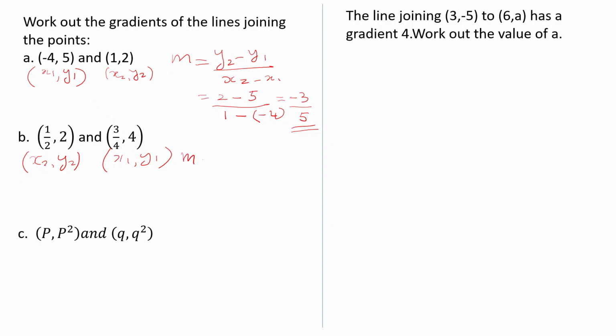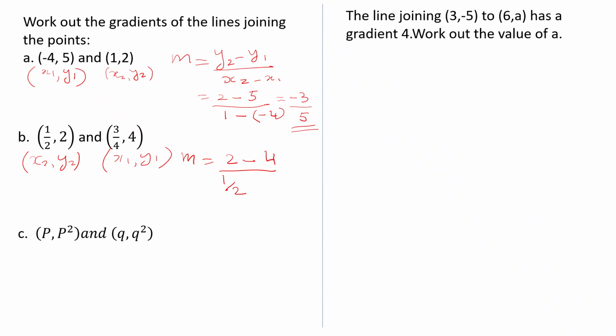So gradient equals, I'm going to choose the y first. For example, my y2 is 2, so 2 minus y1 is 4, divided by x2 is half, because I took y2 as 2, so I need to take x2 as half, not 3/4.